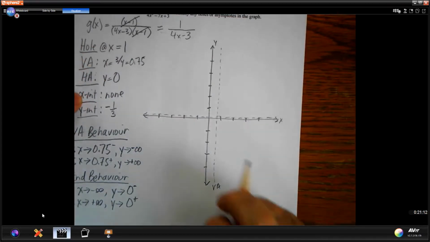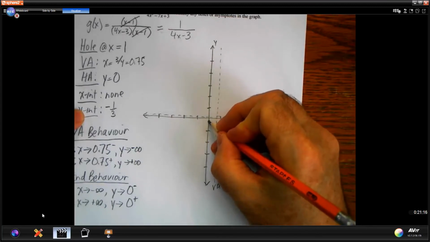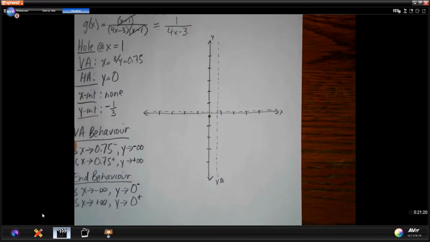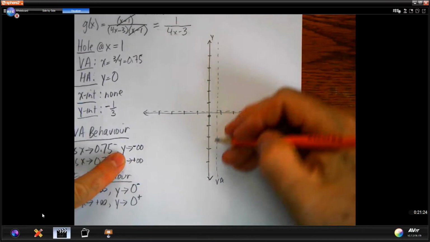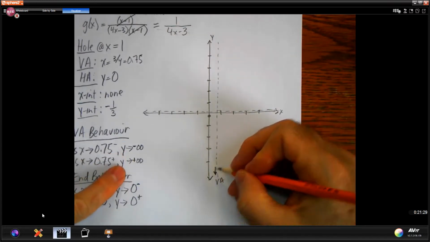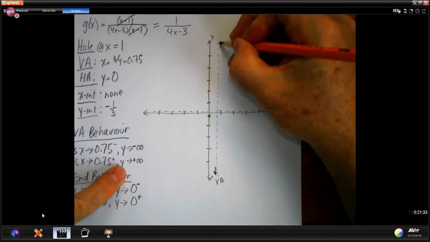X-intercept, none, but the y-intercept is negative 1/3. Vertical asymptote behavior: as I'm approaching from the left, I'm going down. As I'm coming from the right, I'm going up. So I've got my two arrows for that.